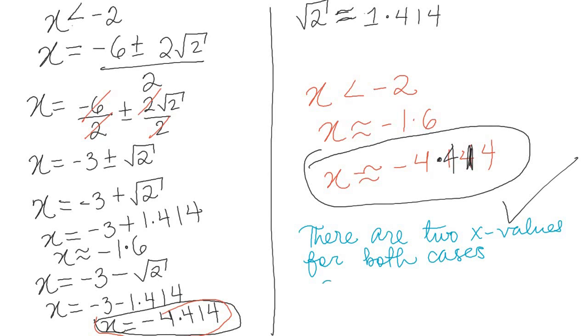You have the value x equals -3 minus √2, right? These are the values. That's for case 1. And also x equals -1. So this is how you solve it.